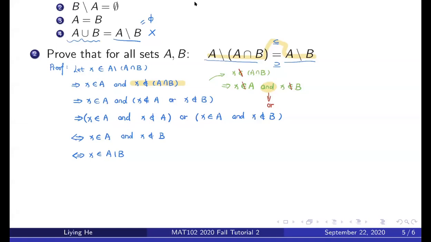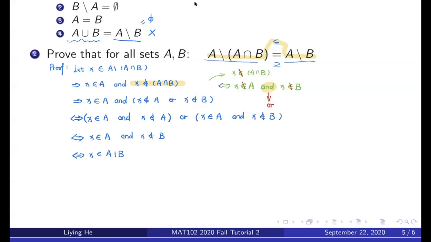Now, once you get here, you both have x's in A, so you take them out. Just like here, you distribute them and you take them back. So that's reversible as well. And then from here, you can get back to that as well because they are the same thing.